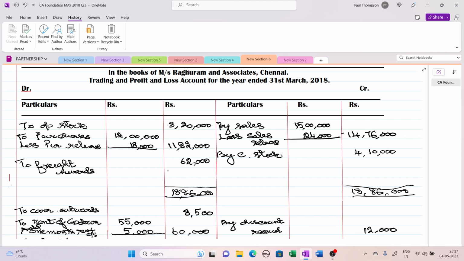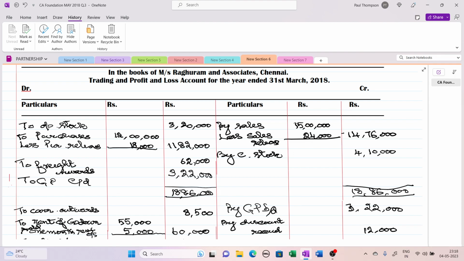The balancing figure is 3,22,000. You can add up and see that: gross profit carried down. So 3,20,000 was the opening balance, 1182 was the purchases, 62, 3,22,000. Now here, by gross profit brought down 3,22,000.